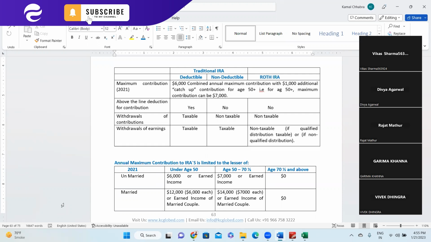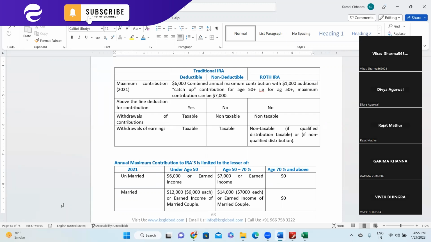So if your age is less than 50, you can contribute a maximum of $6,000. But if your age is more than 50, you can contribute up to $7,000. Make sense? Yes? No?